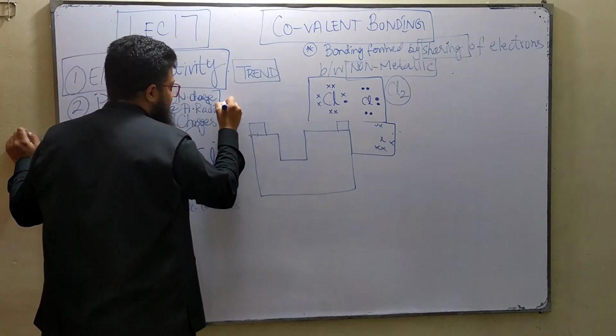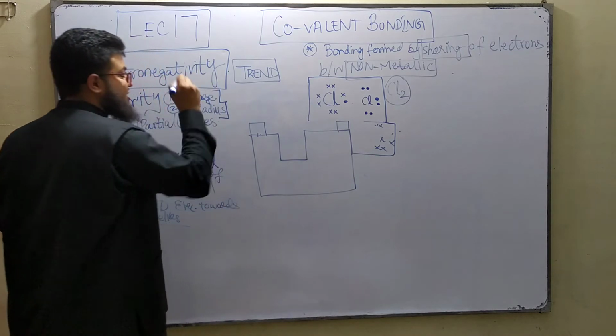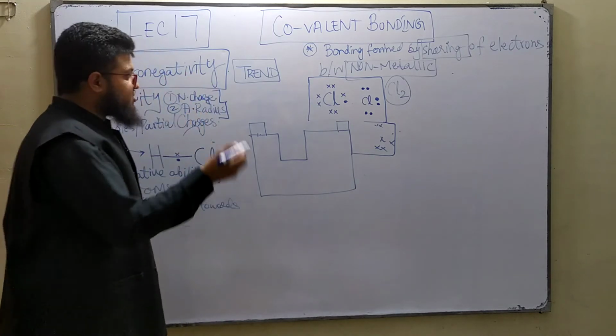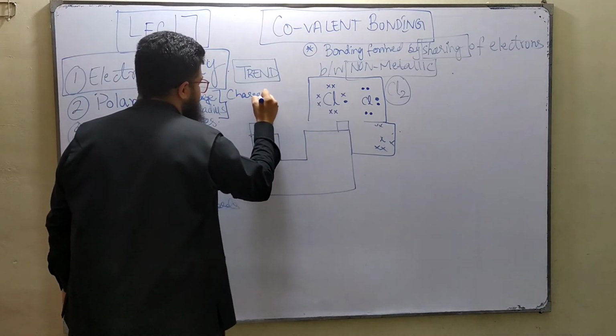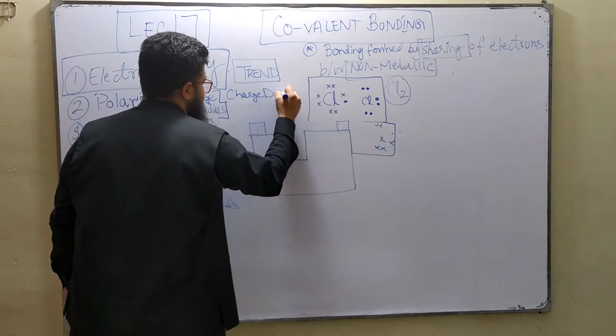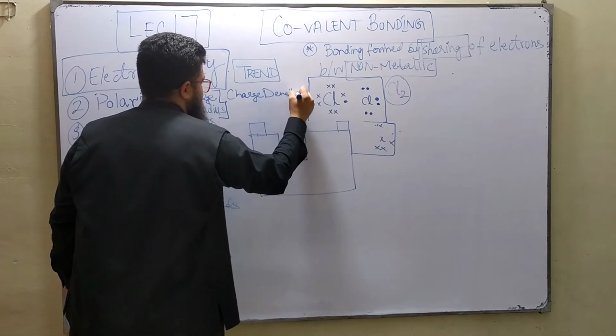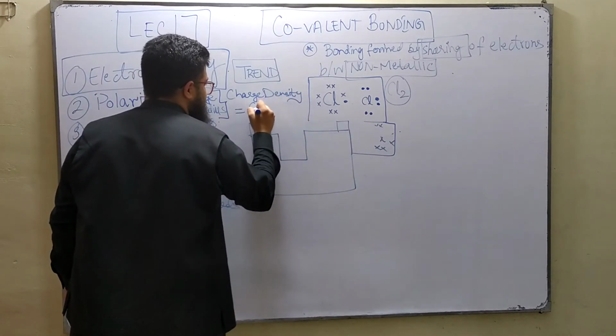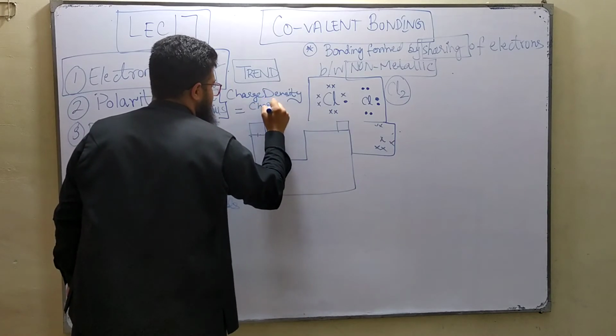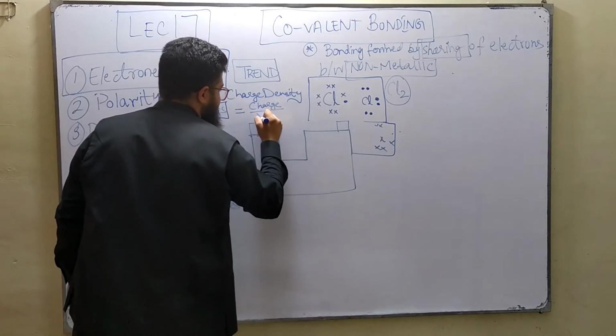Both these factors are collectively explained in a third factor, which is known as charge density. Now charge density by definition is the charge per unit volume.